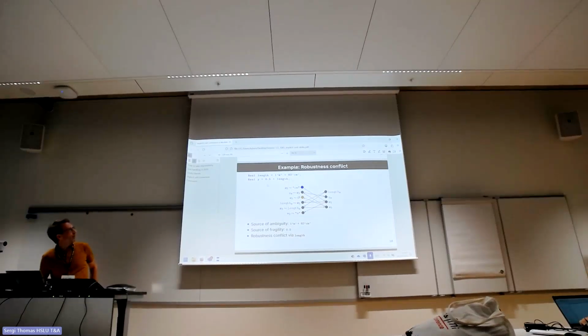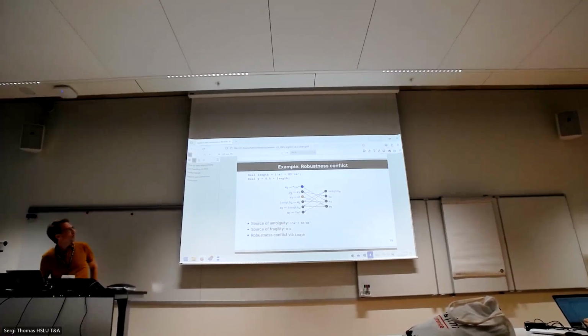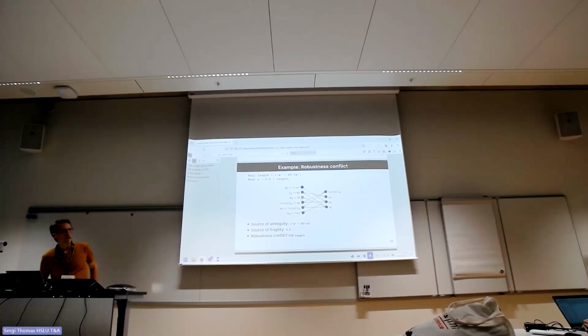And then we have the 0.5 literal here that is equivalent to the unit of this sum. So we have a fragility there. And by following these arrows backwards from fragility, we can see how the ambiguity is connected with the fragility, and we have to reject this model.